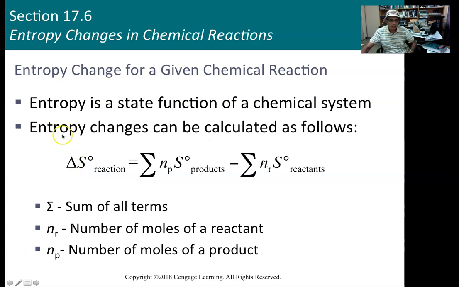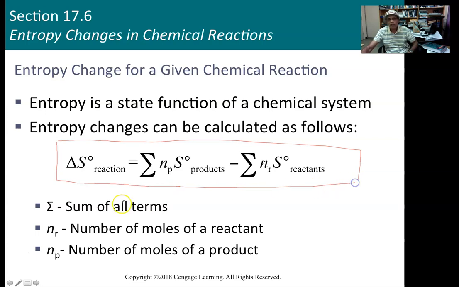So let's look at how we can apply these values. In a given chemical reaction, the change in entropy is treated essentially the same way we treat the change in enthalpy using Hess's law in the first law discussion.